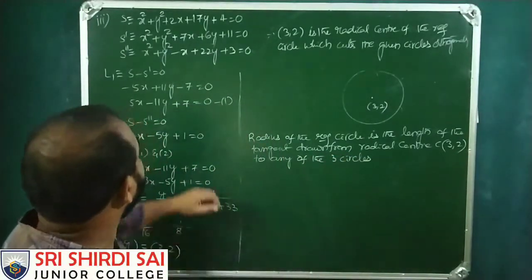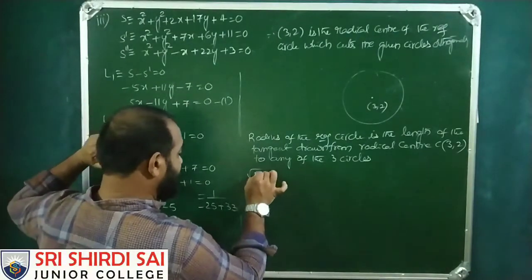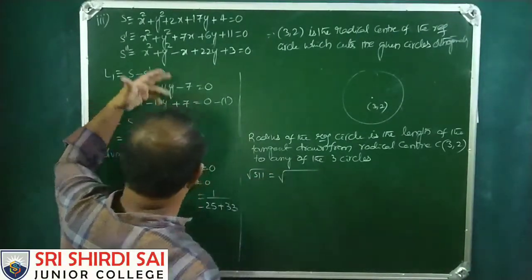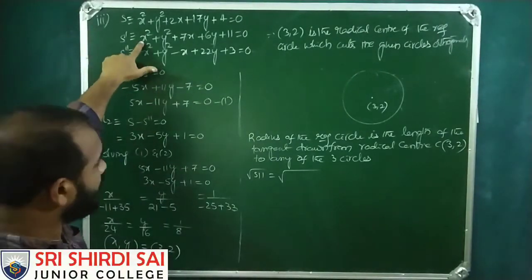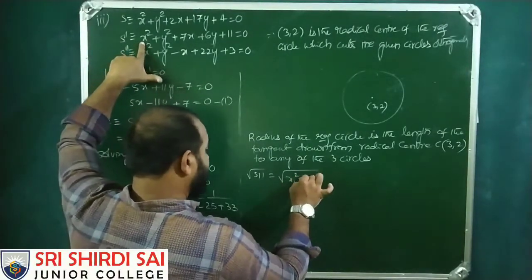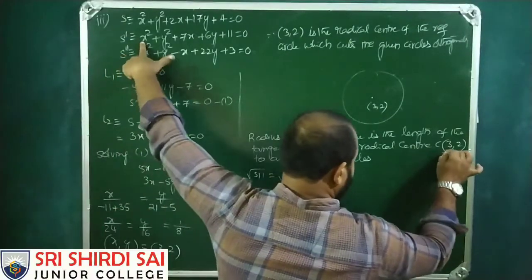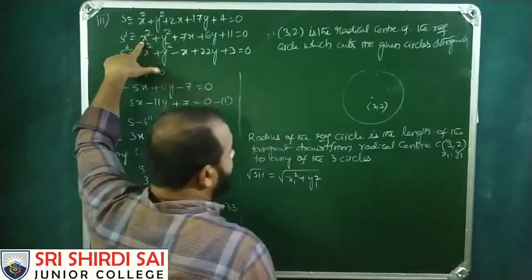So let us consider the second. So root S11, for the second circle I am taking, or the third circle also. So x1 square plus y1 square, and this is my x1, y1.